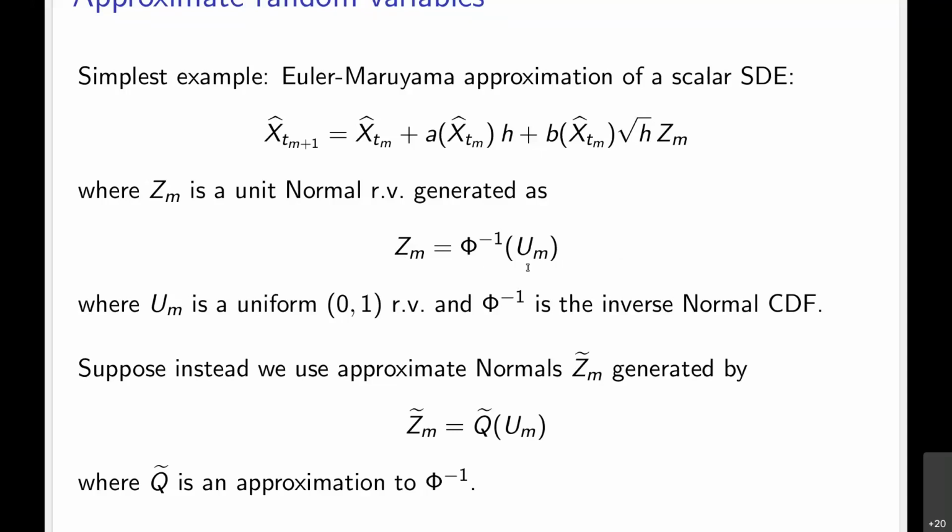Okay, so that's the standard way of approximating a scalar SDE. And what we were interested in is what happens if we replace the phi inverse here by an approximation Q tilde, some other function to approximate the inverse of the normal CDF.